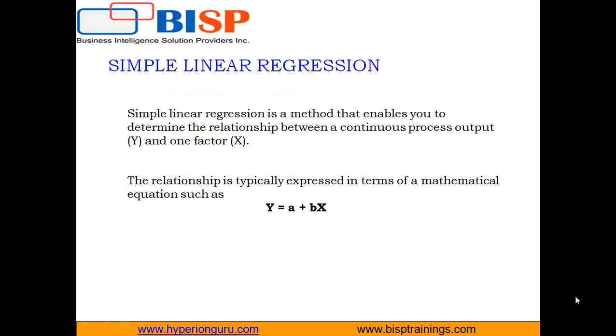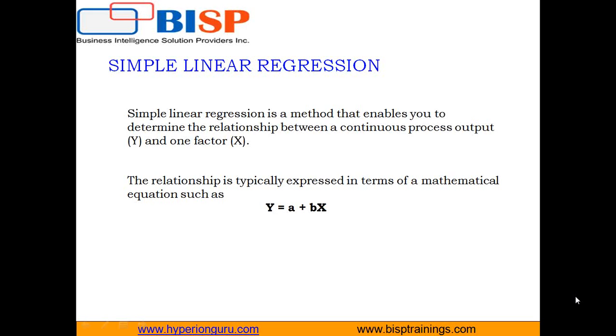In simple linear regression, a single independent variable is used to predict the value of a dependent variable, while in multiple linear regression, two or more independent variables are used to predict the value of a dependent variable. So the difference between the two is the number of independent variables, and in both cases there is a need for one single dependent variable.